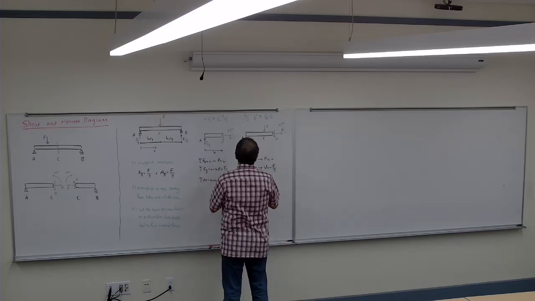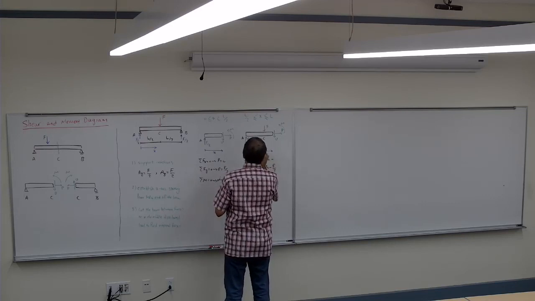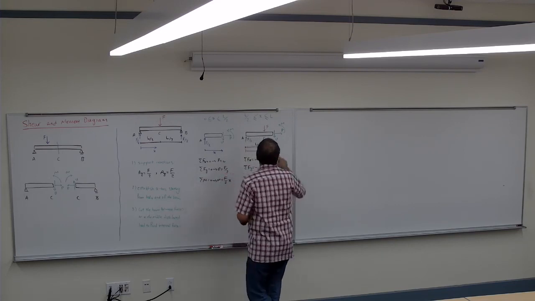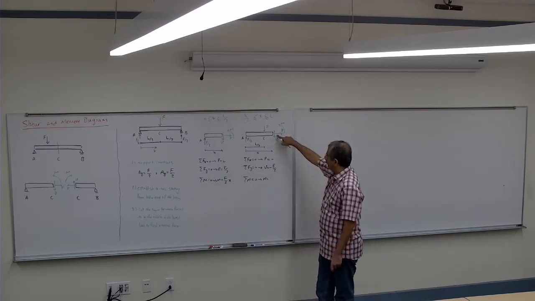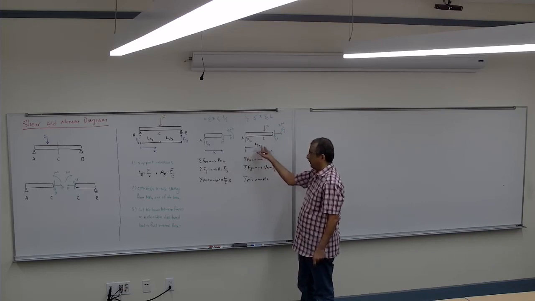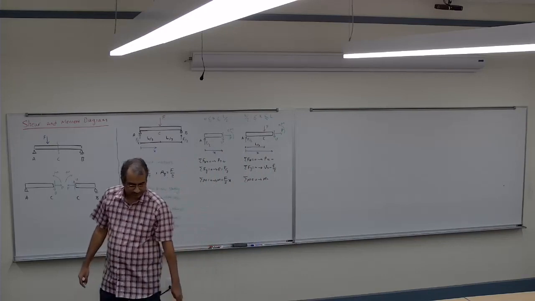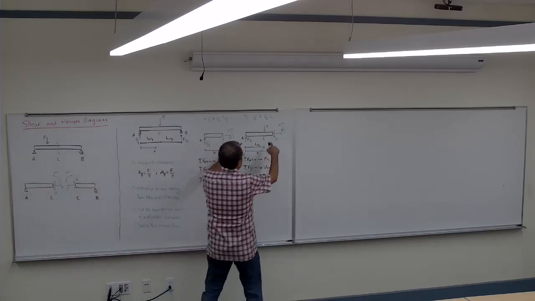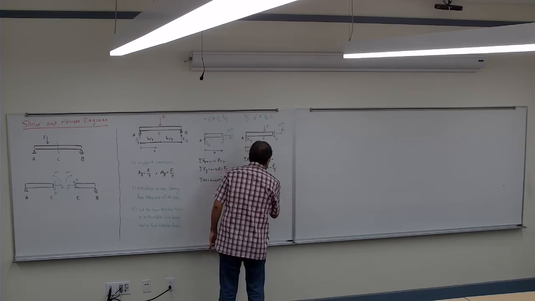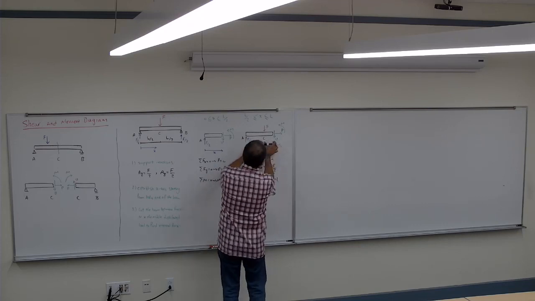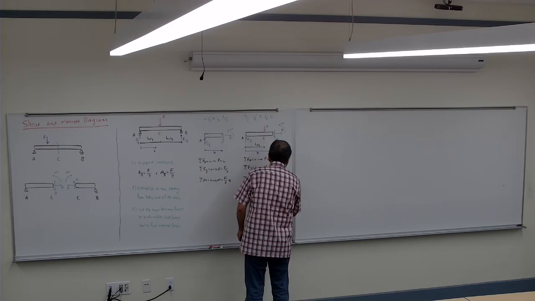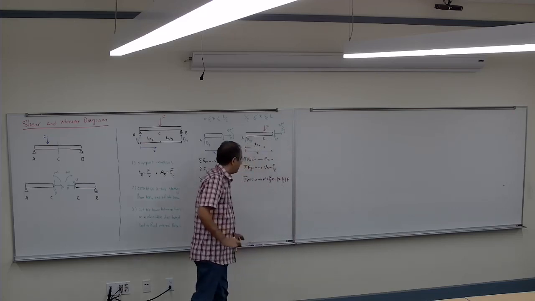This distance is x, and this is half of L. So if I write the moment about that point, M would be half of F times x minus F times (x minus half of L). So M would be half of F times x, minus this distance, which is x minus half of L, times F. So that's going to be the F.